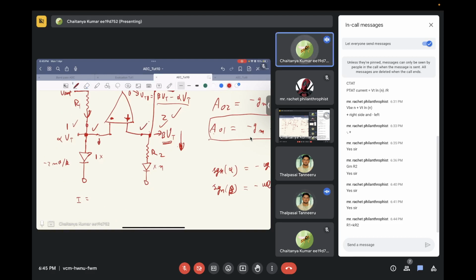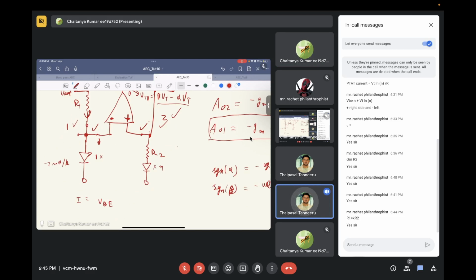So what is the voltage at node 2? Voltage at node 2 is VBE only, right? Because of the virtual short of the op amp, correct? Yes, sir. But there will be a drop on R2, right?